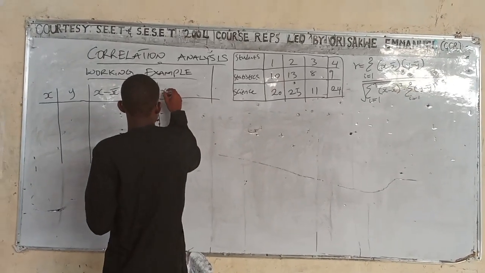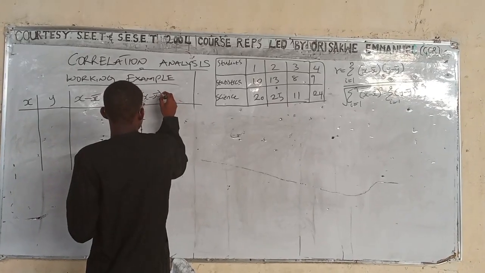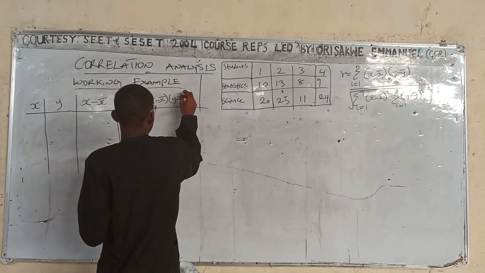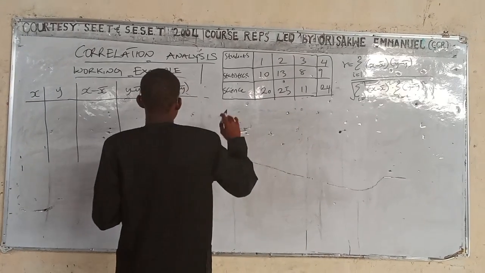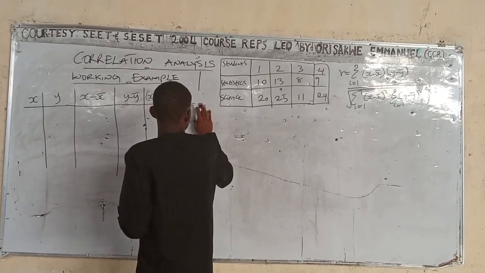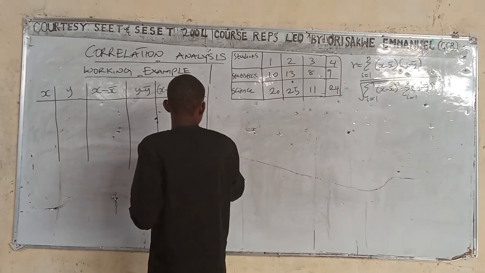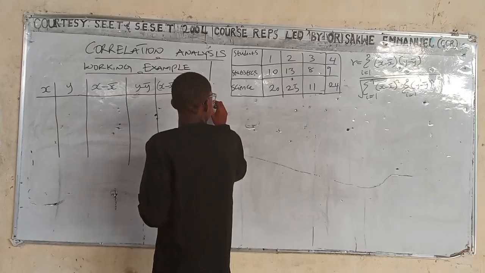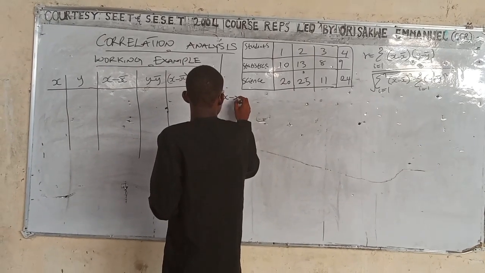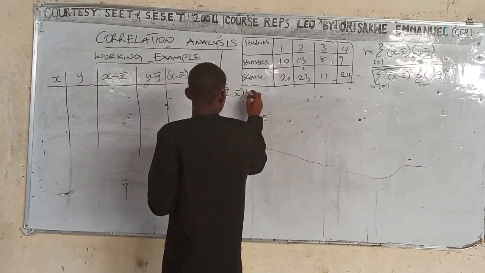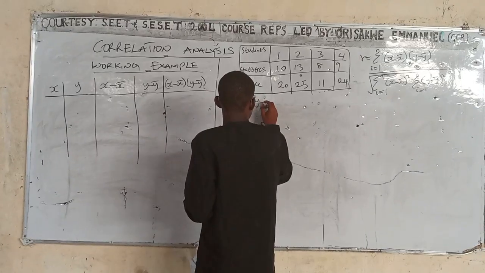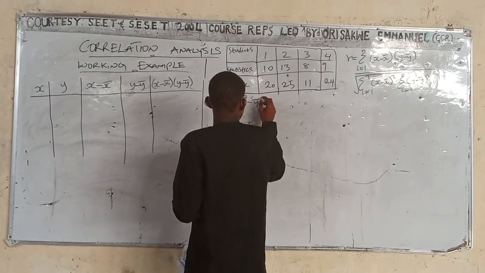We have x minus x bar times y minus y bar according to our formula. And let me bring it down here. We have x minus x bar all squared, and we have y minus y bar all squared.